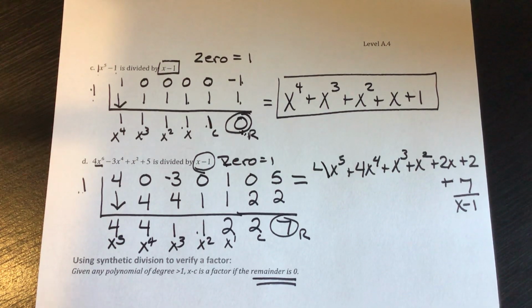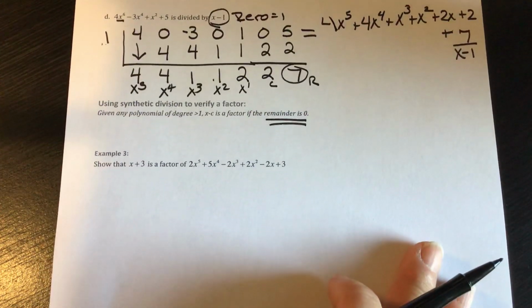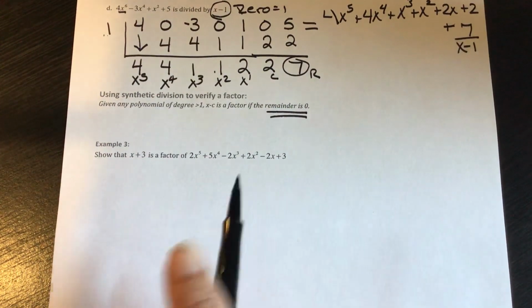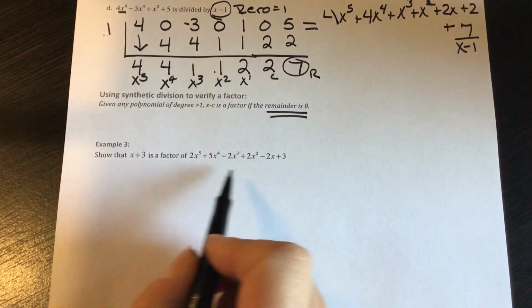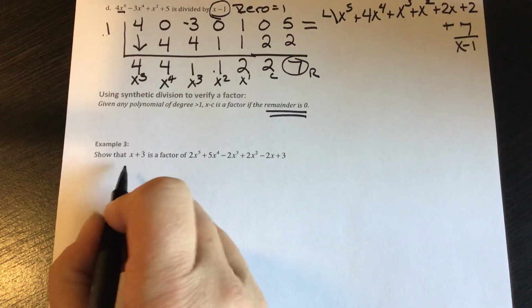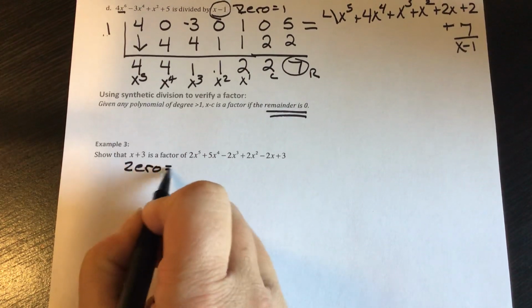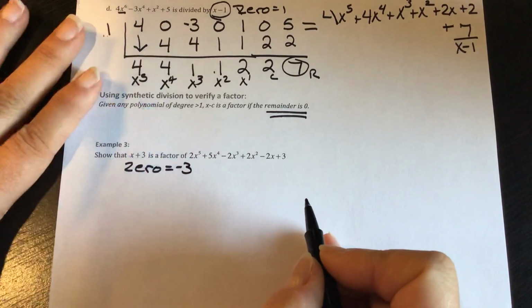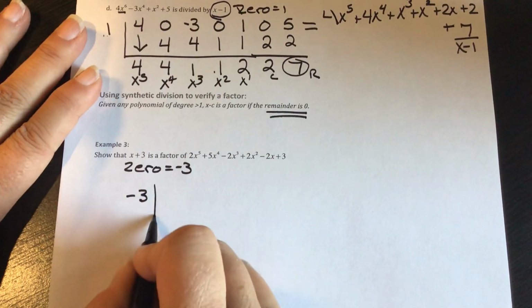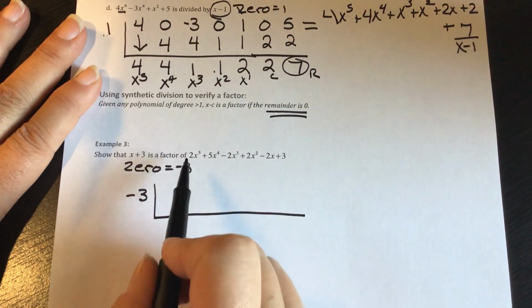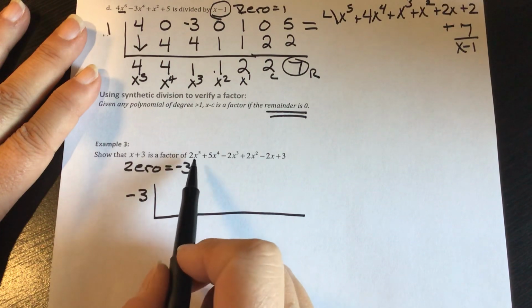So in example 3, it says to show that x plus 3 is a factor of this polynomial. All right, so we're going to use synthetic division. Here my zero is negative 3. So I'm going to start with negative 3 and write my coefficients and just check my variables.